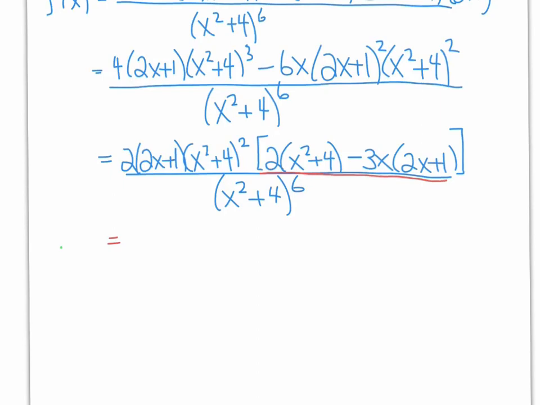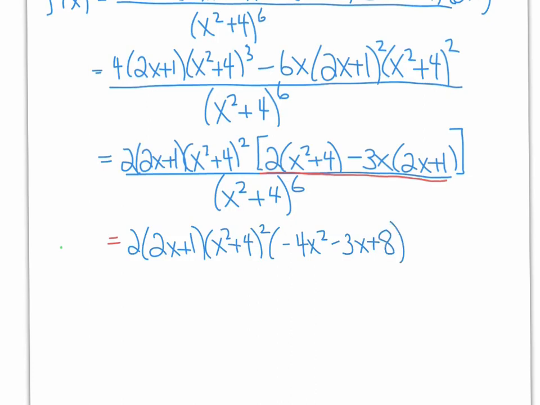So we have our 2x plus 1, x squared plus 4 squared, and when we simplify that, we get negative 4x squared minus 3x plus 8. And don't forget your bottom. We have x squared plus 4 to the exponent 6.